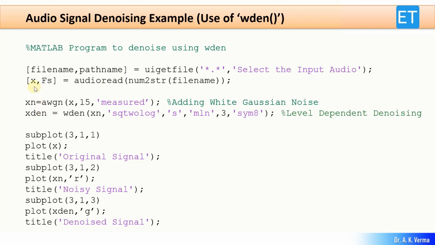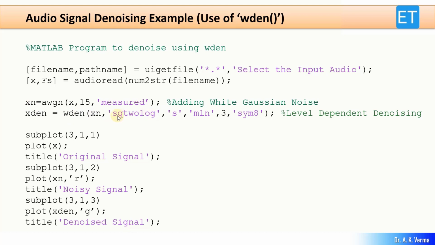And since this audio is not corrupted by noise, I'm adding some white Gaussian noise to this signal. You can see that awgn adds some white Gaussian noise to this original signal x. So xn becomes your noisy signal, and then I'm passing this noisy signal to the wden function.